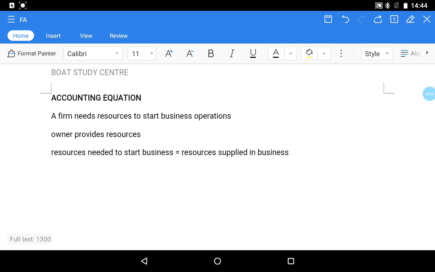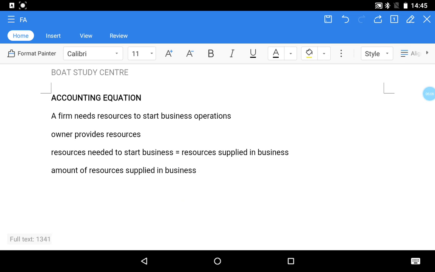So here we have the amount of resources supplied in a business.